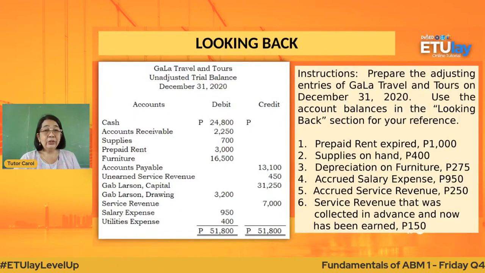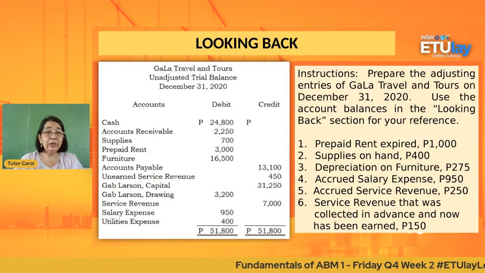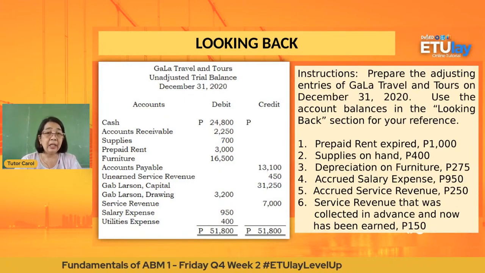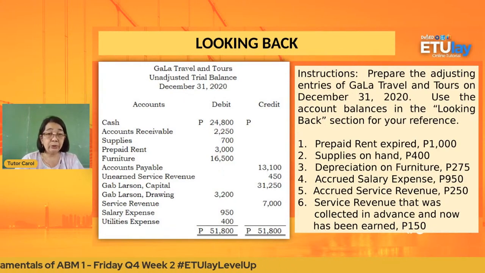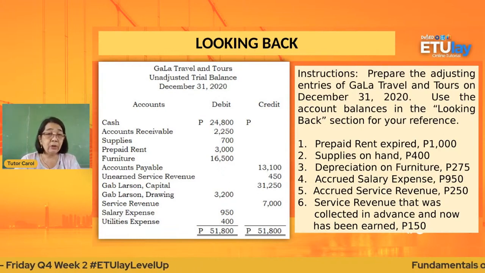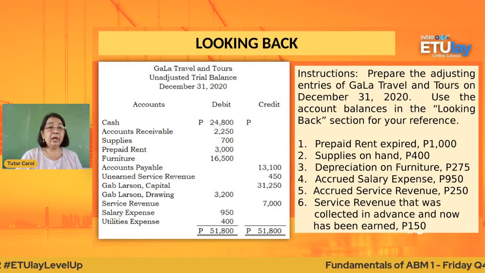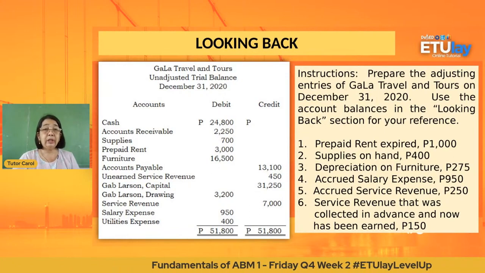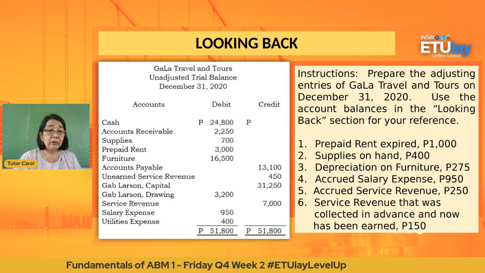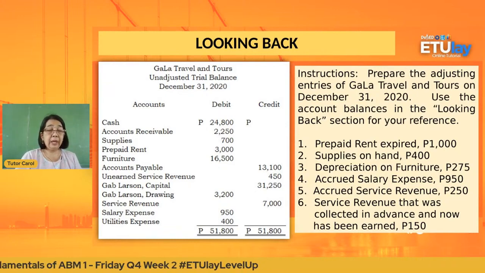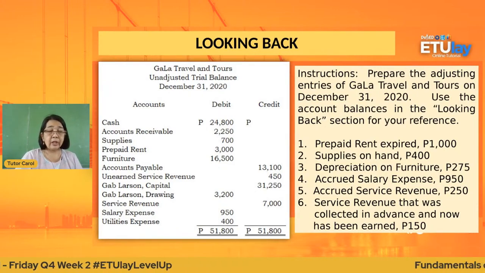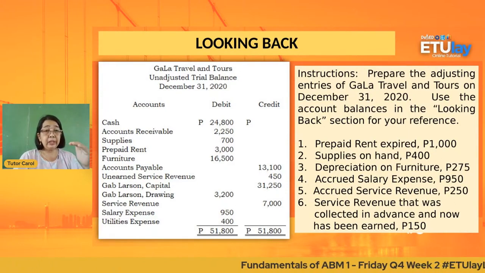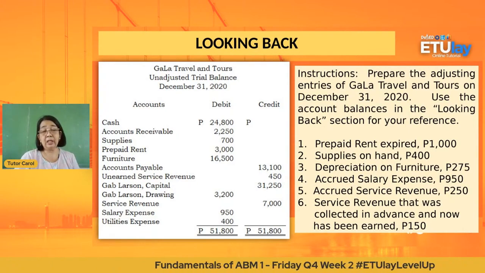Looking back, we have here the unadjusted trial balance of Gala Travel and Tours. There are 3 columns: the first column for the accounts we use, then the debit column and the credit column. The arrangement of the accounts is based on our acronym ALAREX: assets, liabilities, equity, revenue, and expenses.